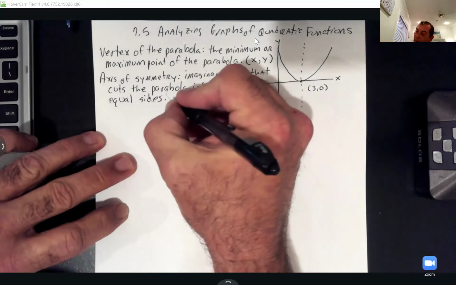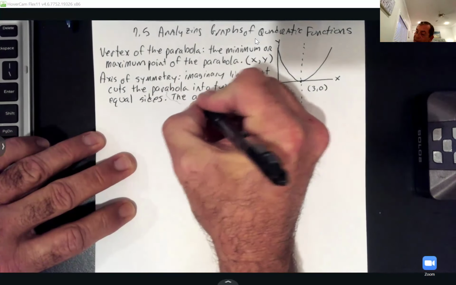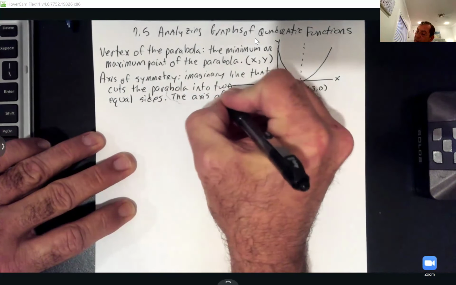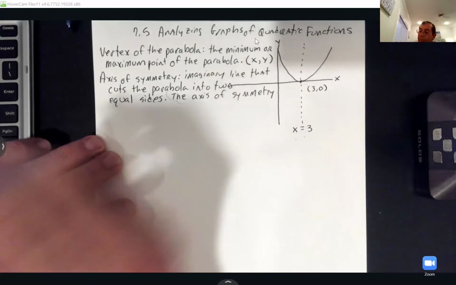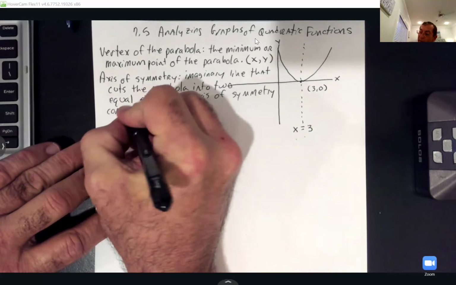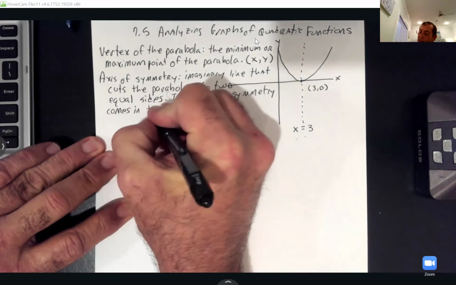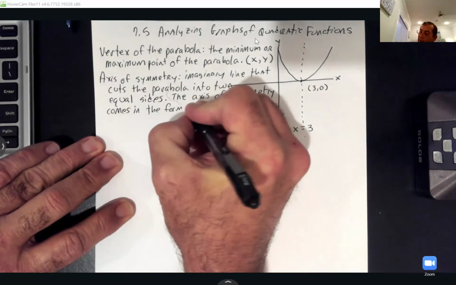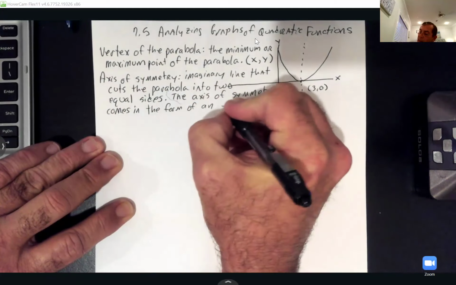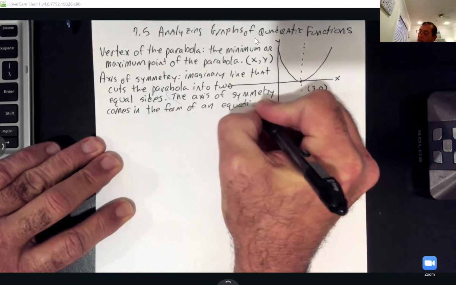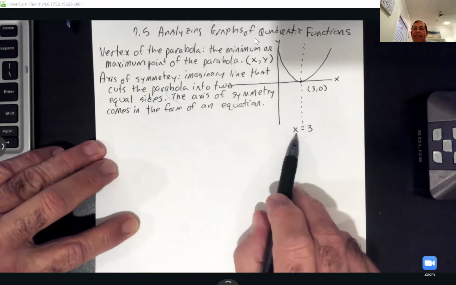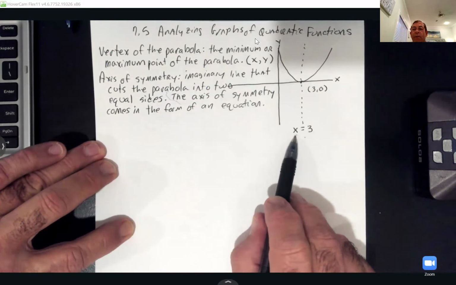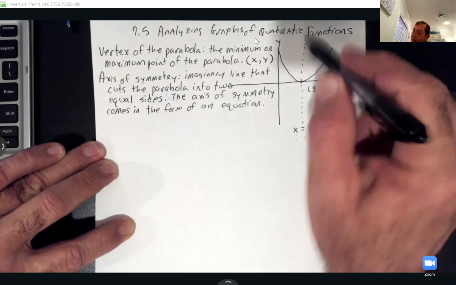Now, the axis of symmetry comes in the form of an equation. We drew the line, and I said that that line was equal to the line that you would get from x equals 3.